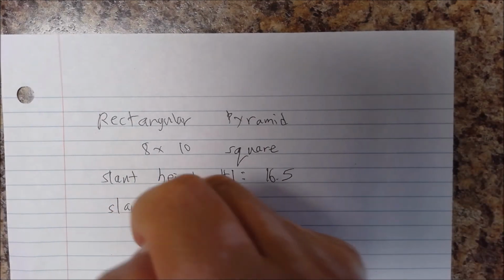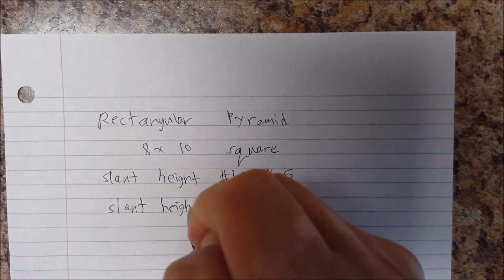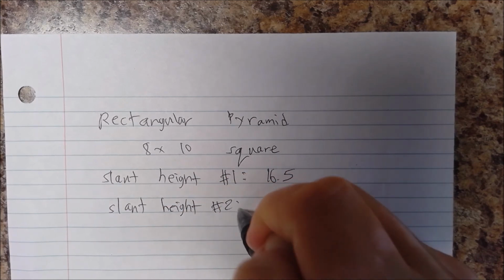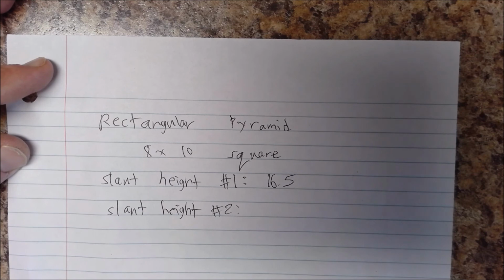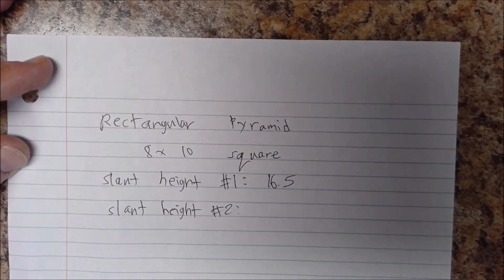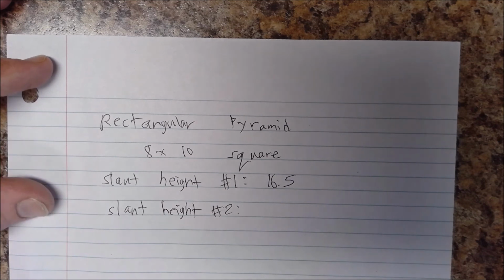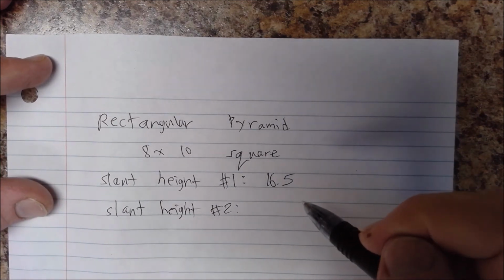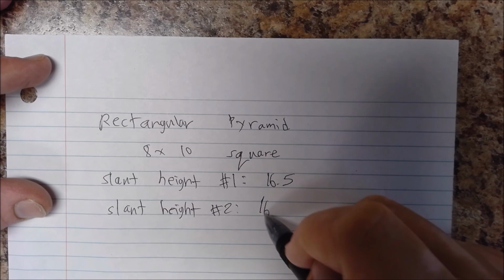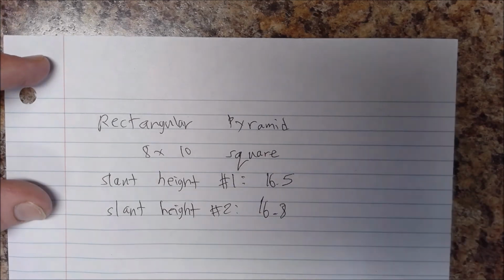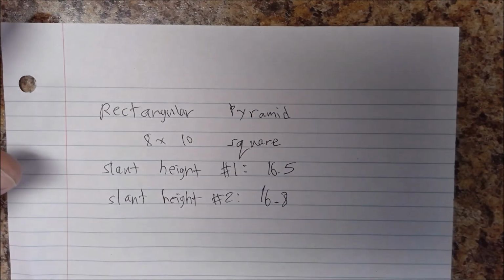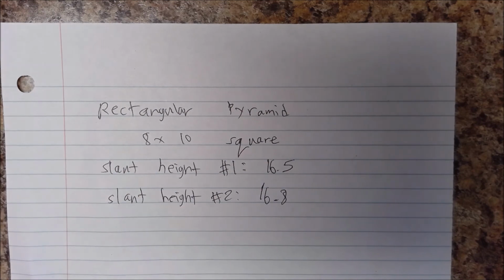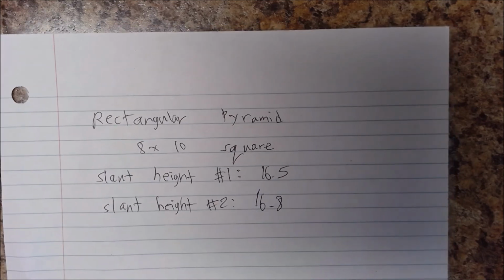And slant height number 2 of the second set of triangles, let me quickly, 16.76, so 16.8. Now, before you get too excited, let's go back to the diagram and explain what I just did.